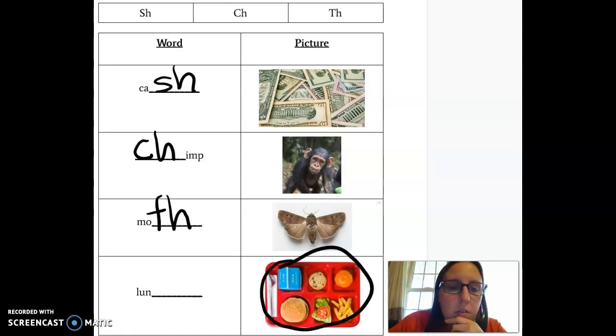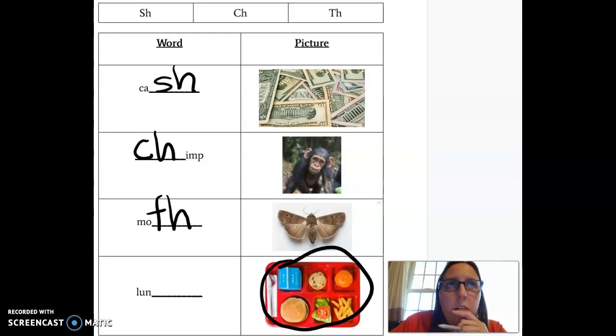This is a picture of a school lunch. Your lunch at home might not look like this anymore, but this is usually what it looks like at school. Lunch. We have a lunch tray. What goes at the end of this word?